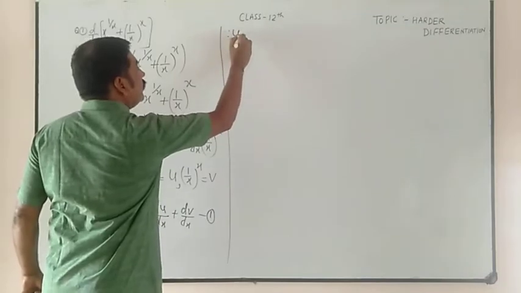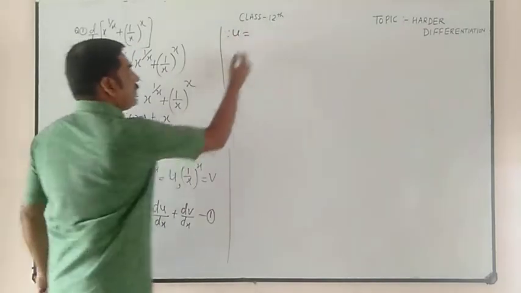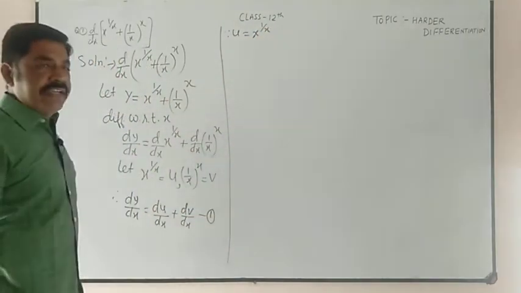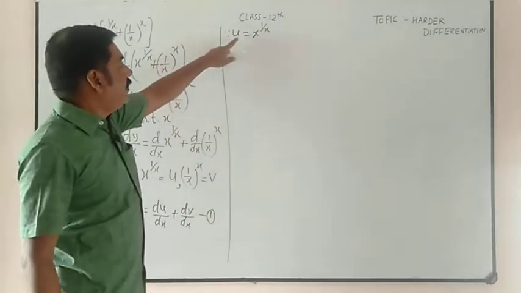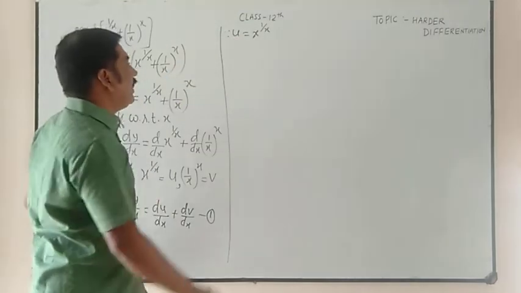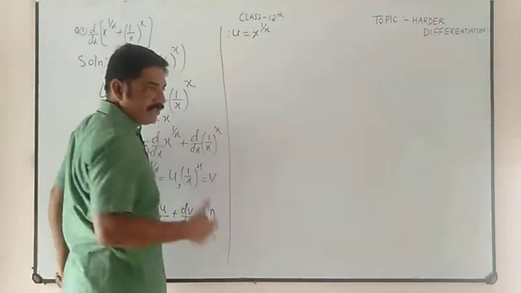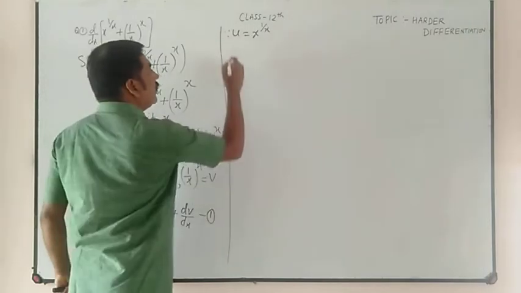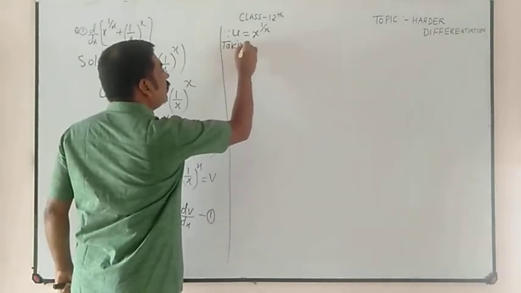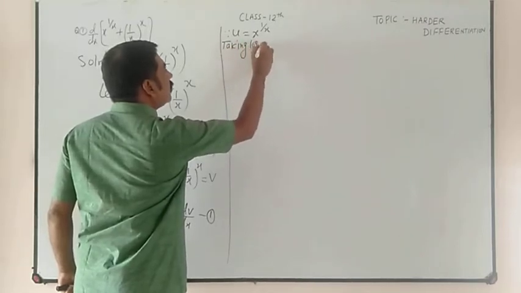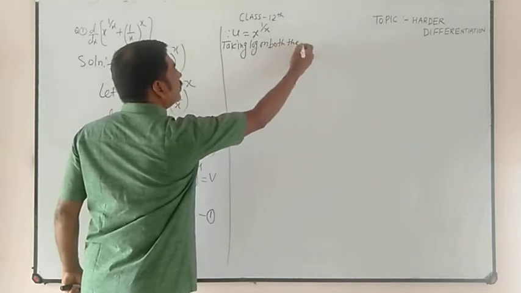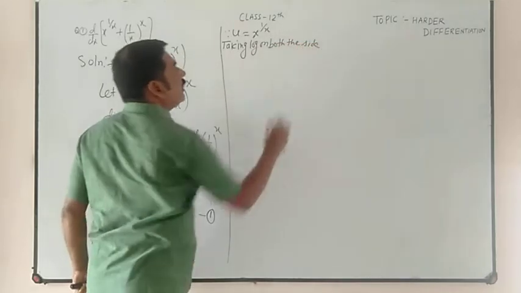Since u is equal to x raised to 1 upon x, now there is one term on both the sides, and this is variable raised to variable, so we can take log on both the sides. So taking log on both the sides.